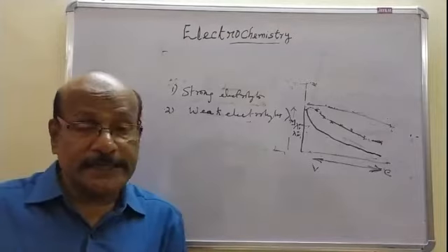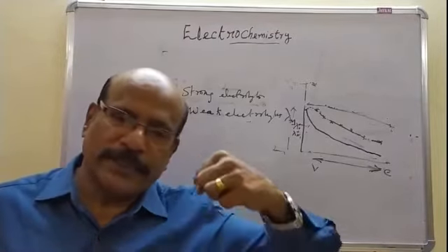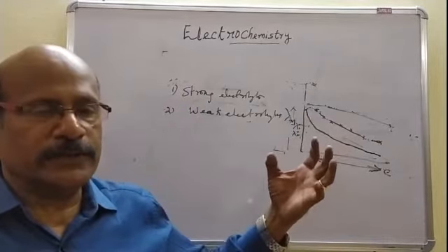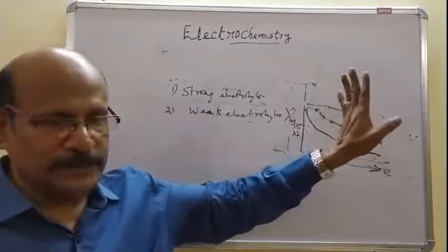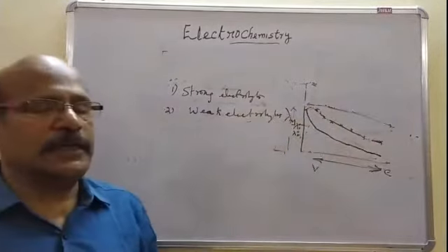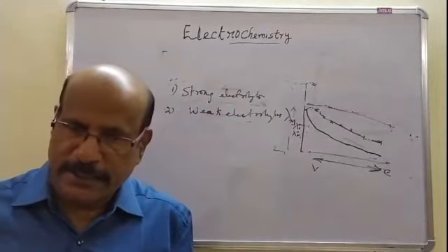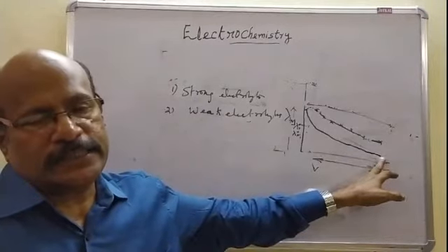And the reason is that in the case of a strong electrolyte, they are fully ionized even at the initial concentration, and the maximum number of free ions are present in their solution, and hence they have higher conductivity. But in the case of a weak electrolyte, they are only feebly ionized at the initial concentration and have a low value of conductance at higher concentration.